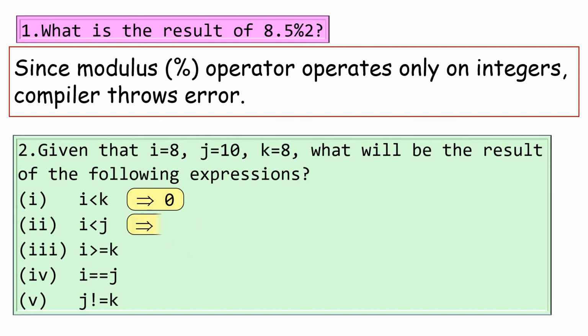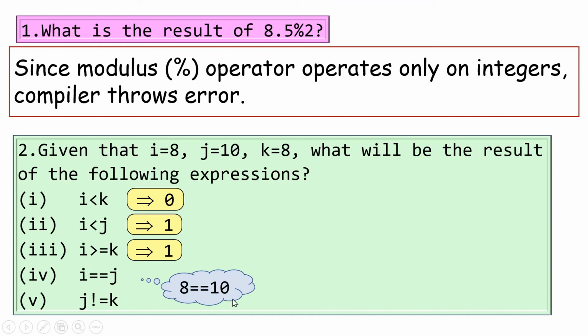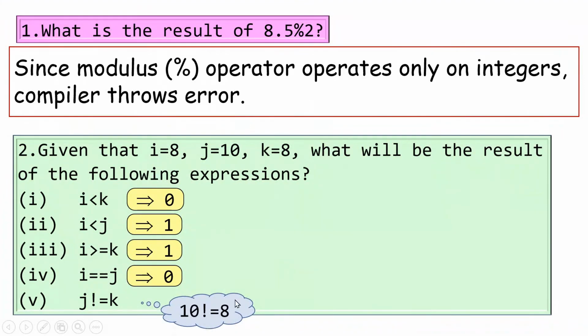So the result is 1. i greater than or equal to k. 8 greater than or equal to 8. It is true. So the result is 1. i equal to j. 8 equal to 10. False. The result is 0. j not equal to k. 10 not equal to 8. True. So the result is 1.